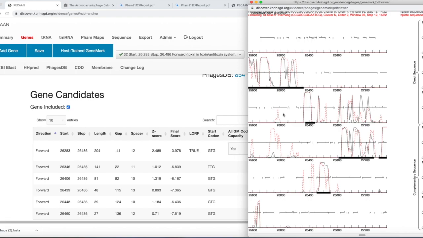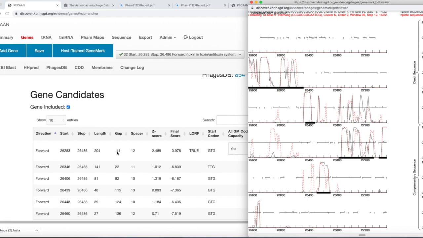Now the problem with going with the longer one, which would make sense, is that it overlaps this gene here, and we can see that it actually overlaps to the tune of 41 bases.